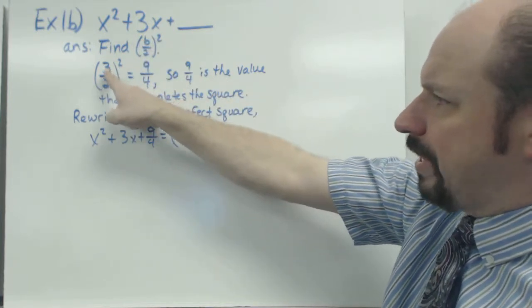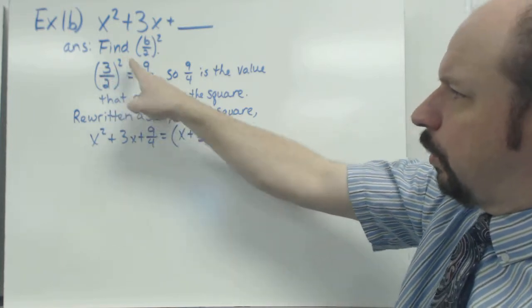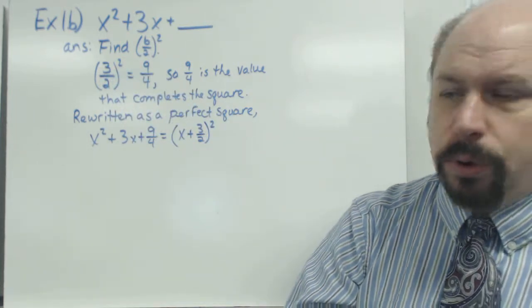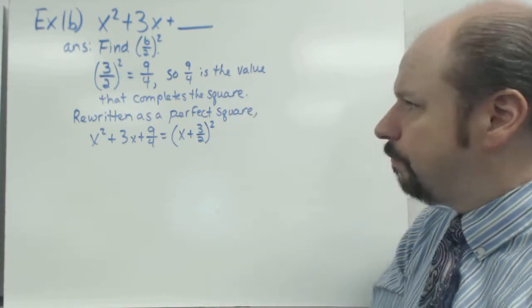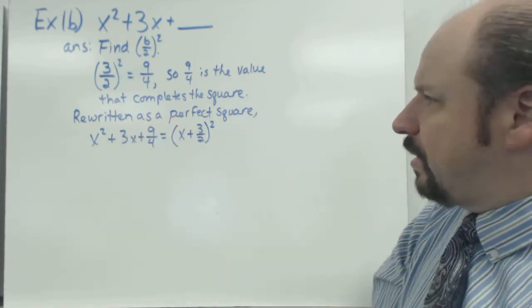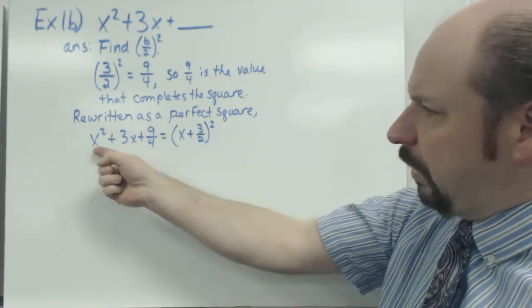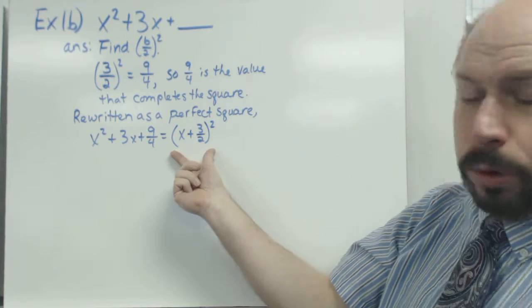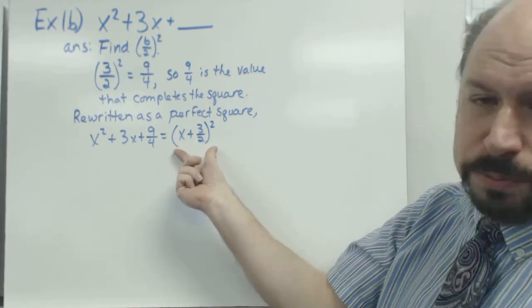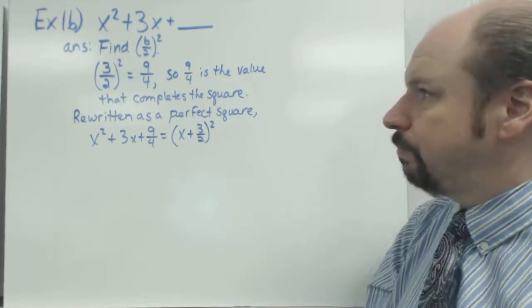Well, 3 squared is 9, and 2 squared is 4, so it becomes 9/4. So 9/4 is the value that completes the square. So now to rewrite that as a perfect square, it would be x squared plus 3x plus 9/4, but we want to write that in factored form here, so we're going to write it as x plus 3 over 2 quantity squared.